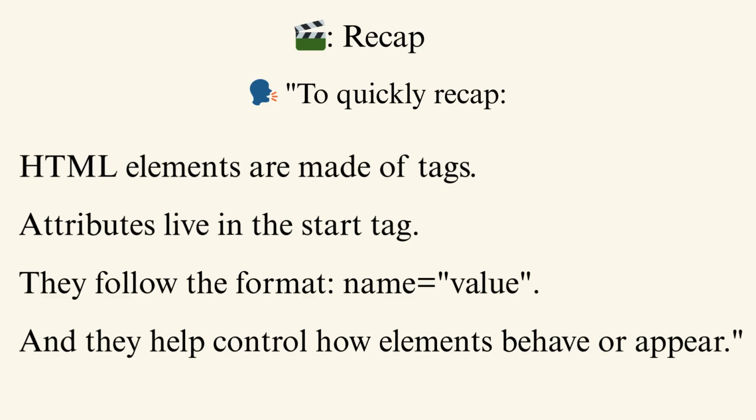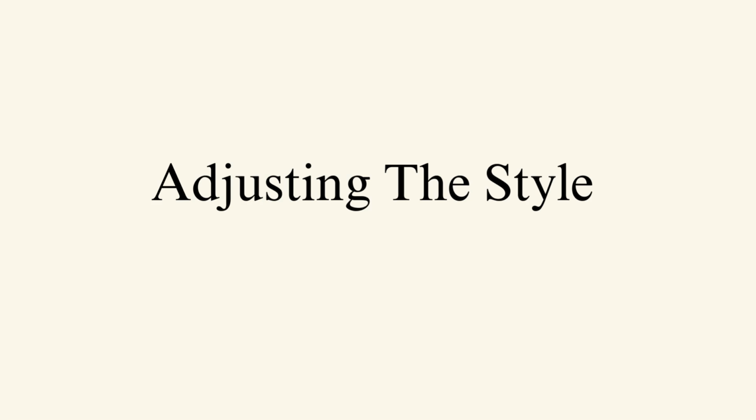Recap. To quickly recap, HTML elements are made of tags. Attributes live in the start tag. They follow the format name is equal to double inverted comma value, and they help control how elements behave or appear.